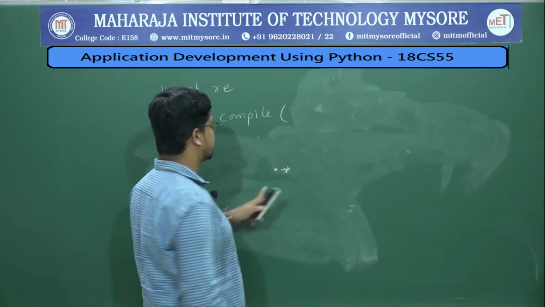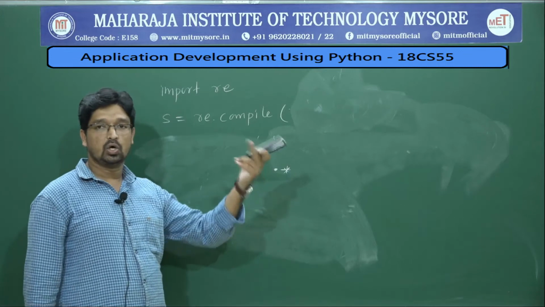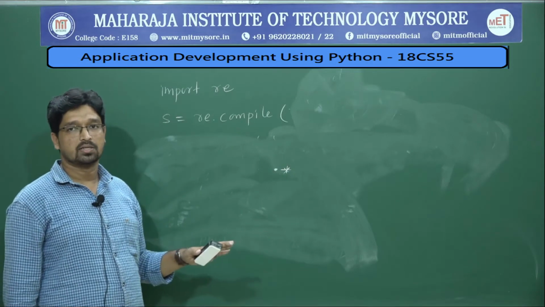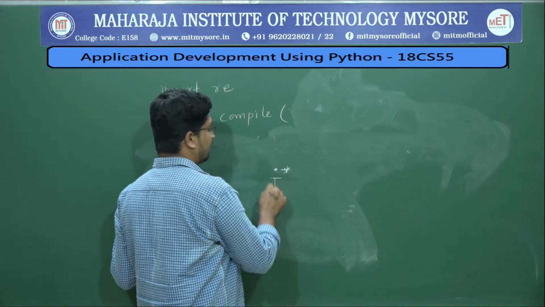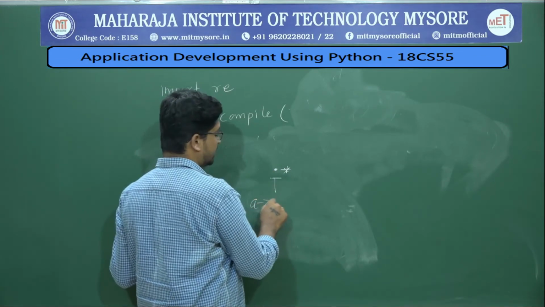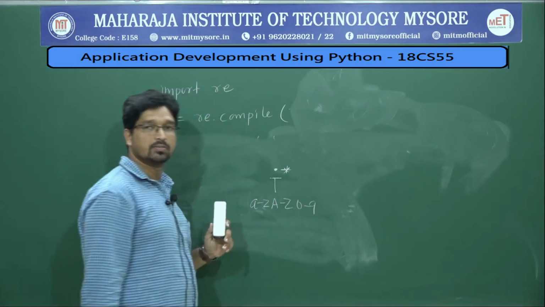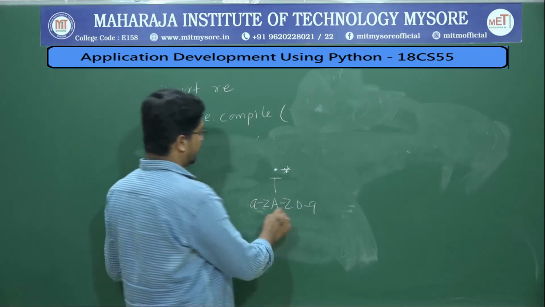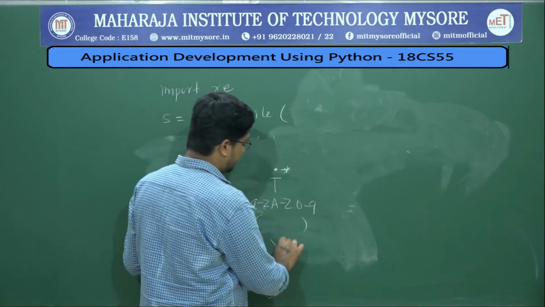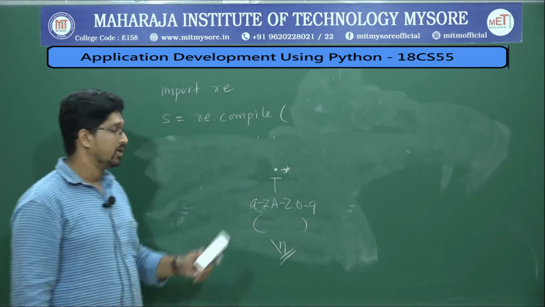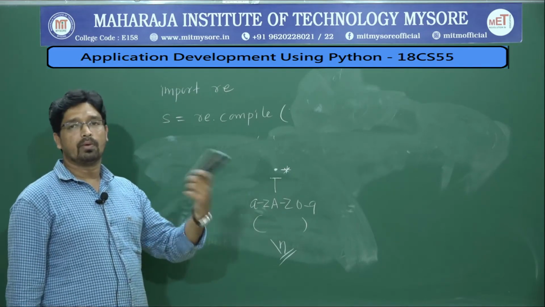Dot will match any character except new line: A to Z, capital A to Z, 0 to 9, and all the special characters, but dot will not match the new line character. Star means zero or more occurrences.